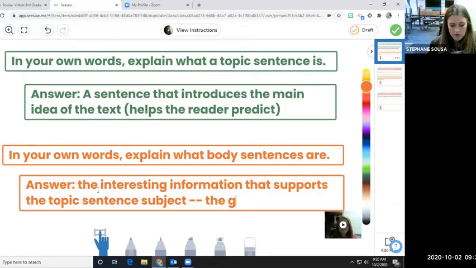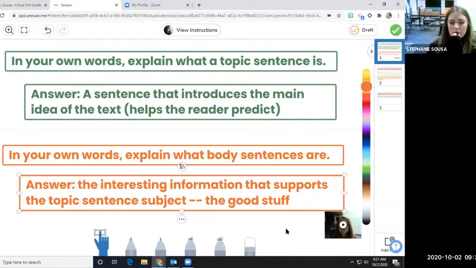The good stuff. All right. So this is where the flavor goes. So explain what body sentences are. You can use what I've said here because these are words that we've come up with together, or you can copy what I have here or create your own. Explanation of what body sentences are.